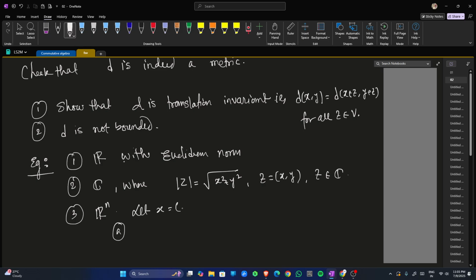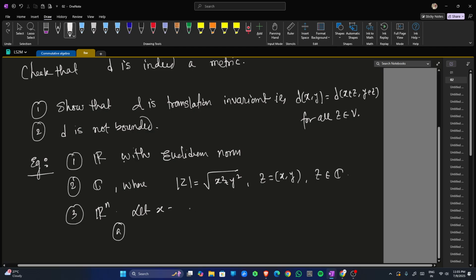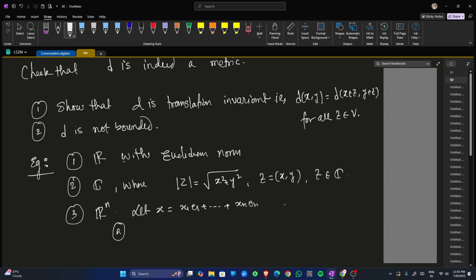Okay, so let x equal to x1 e1 plus dot dot dot plus xn en, where e1 to en is the standard ordered basis of R^n.